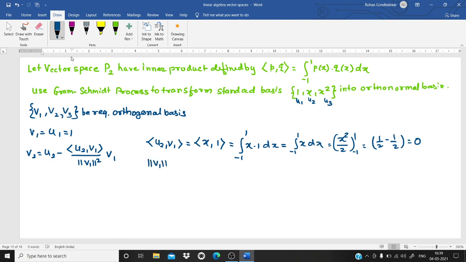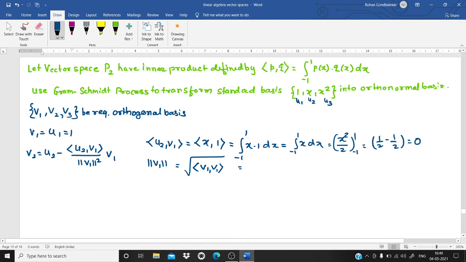Now what is norm V1 square? How can you proceed further? It's very easy. Norm V1 is the square root of inner product of V1 with V1.